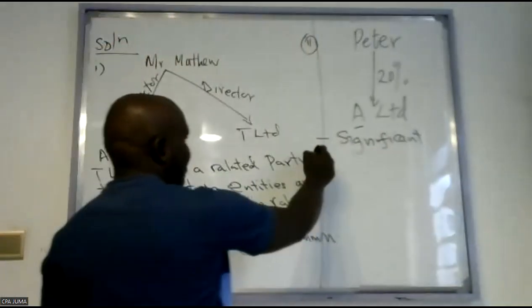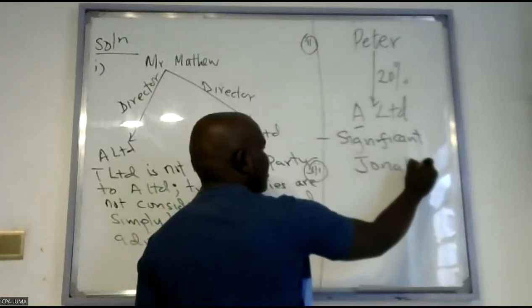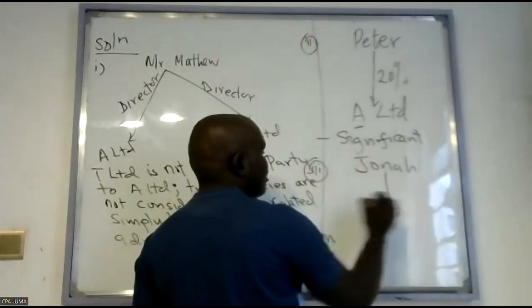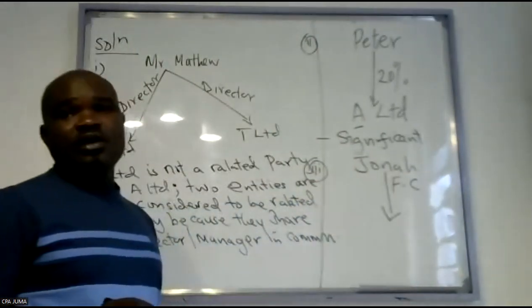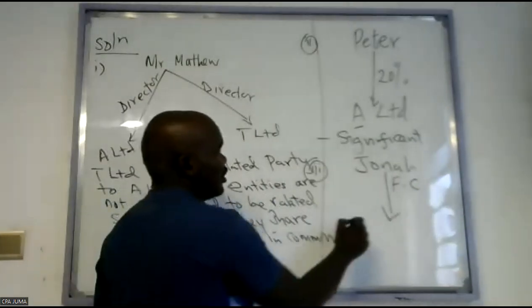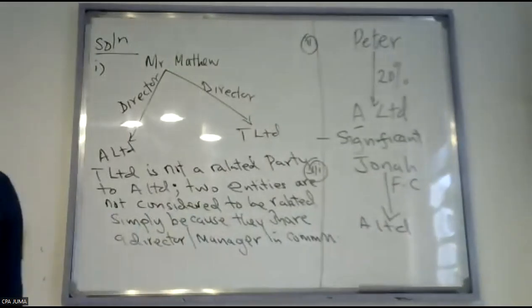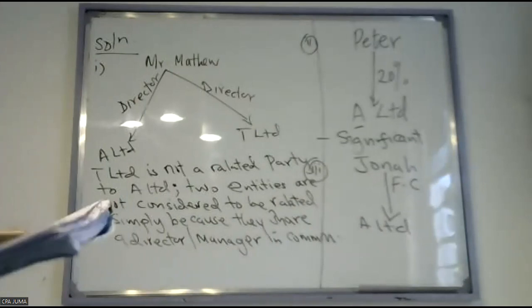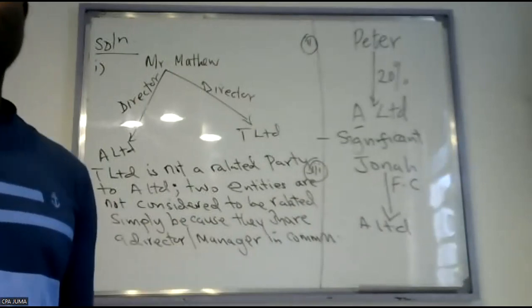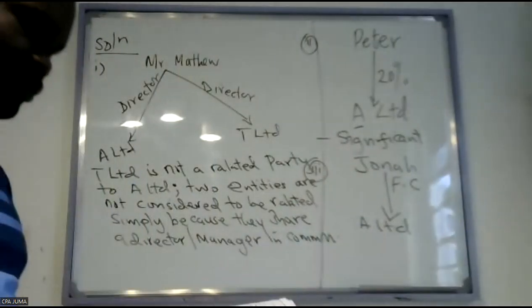So you can have there Roman 3. You say Jonah, financial controller, the FC, in A Limited, but he's not a director. So Jonah is the financial controller. So you write, Jonah is a related party to A Limited.